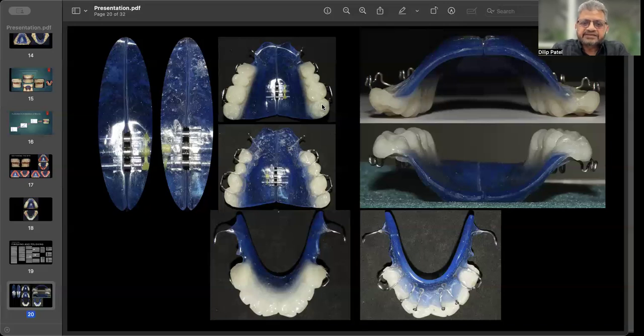In the lower appliance, the appliance is not designed to cover the incisor edge, but it rests over the incisor edge, and this helps to make tearing of the food in the anterior aspect easier. Regarding the thickness of the appliance, you can see the upper appliance is almost 2.5 to 3 millimeters all over to maintain the strength.